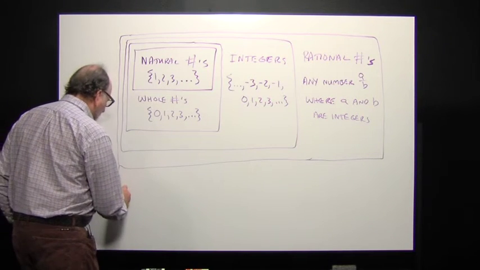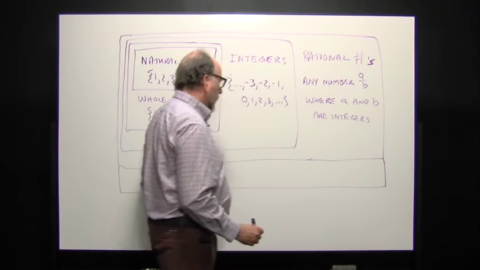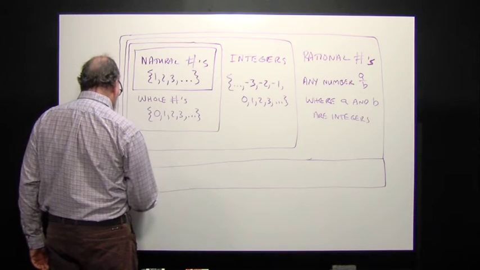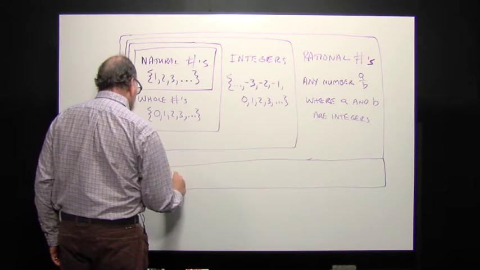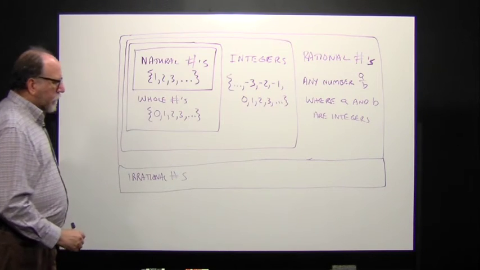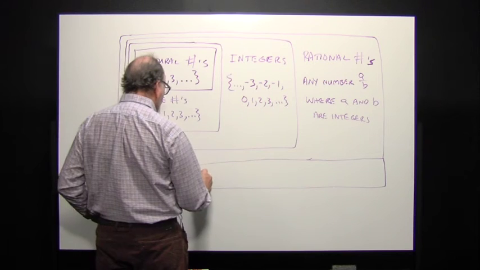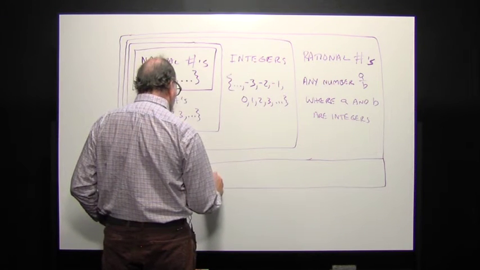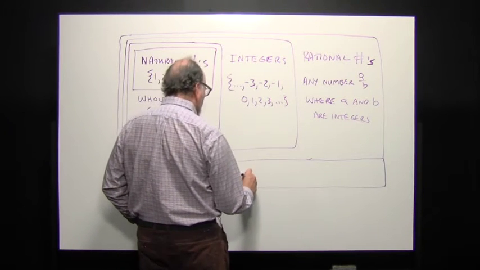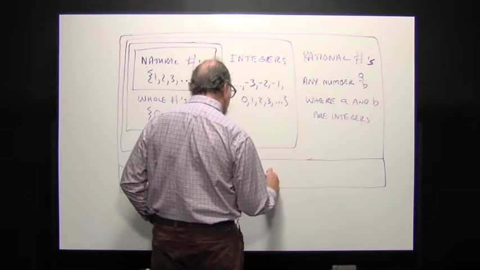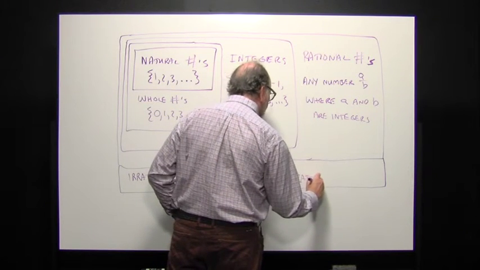Now, attached to but not included in this set of numbers is the irrational numbers. Okay? And there we describe these as any real number that is not rational.